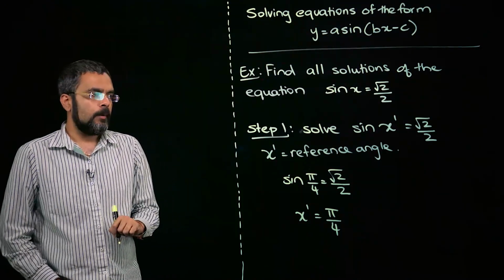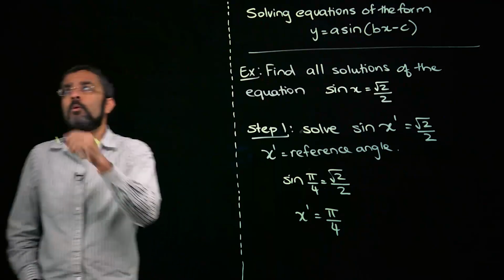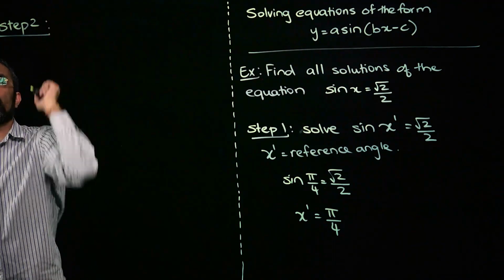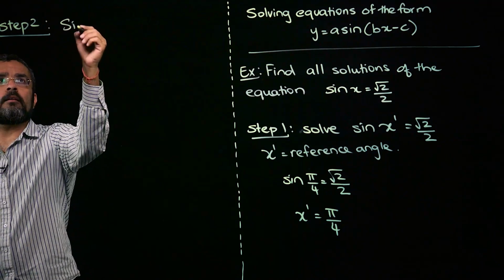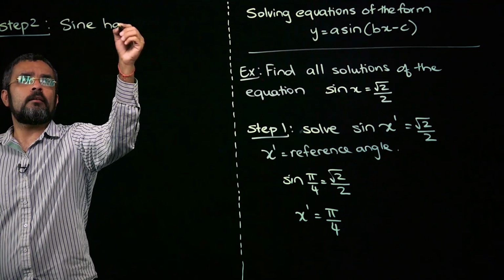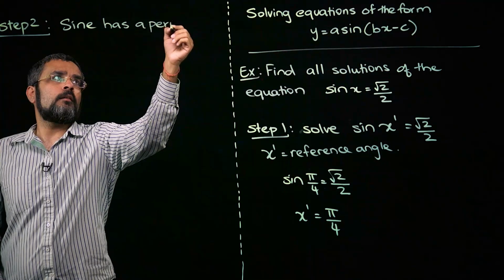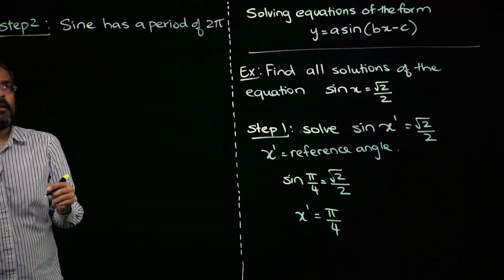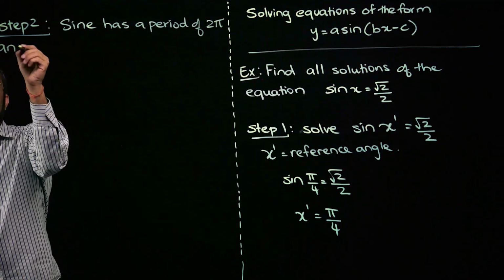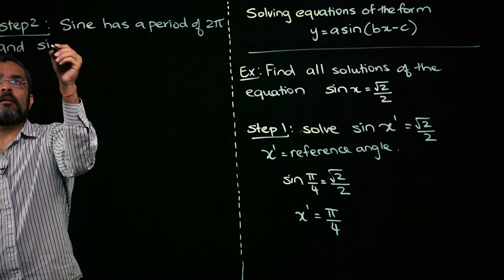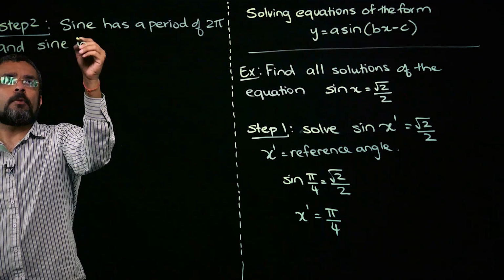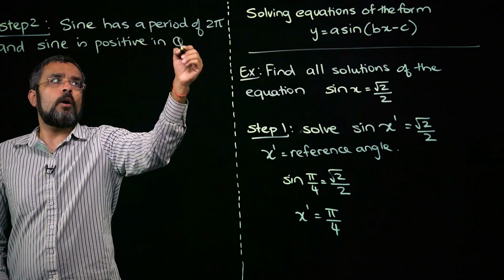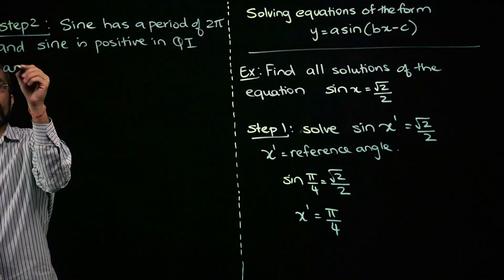Now, we know that sine has a period of 2 pi, and that sine is positive in quadrant 1 and quadrant 2.